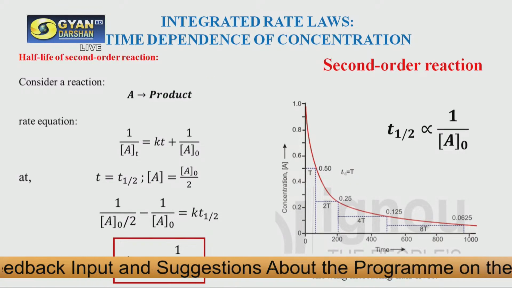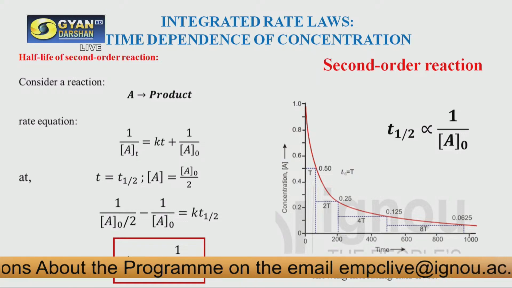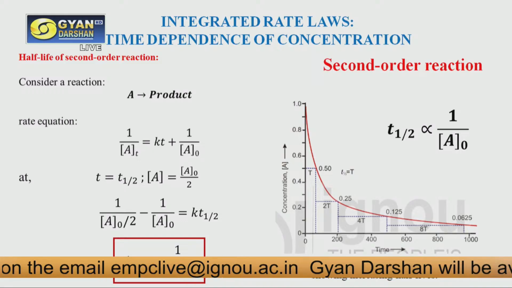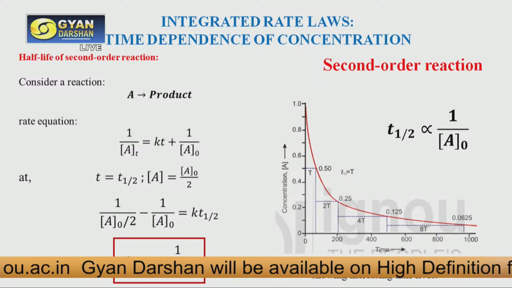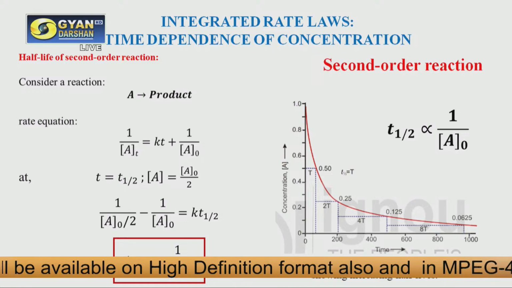The half-life for the second order reaction, T half, is denoted by 1 by K into A naught, so we can say that the half-life for the second order reaction is inversely proportional to the initial concentration of the reactant.